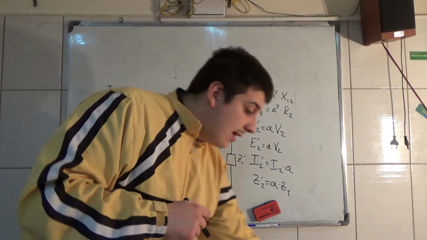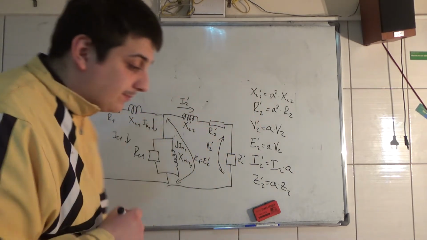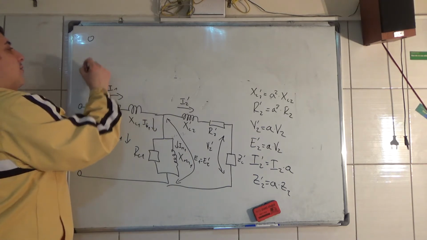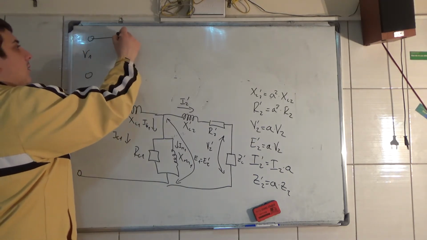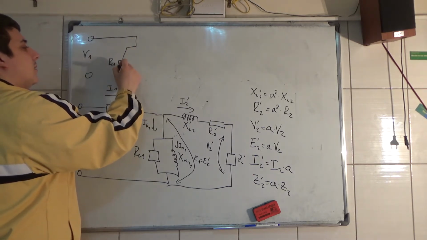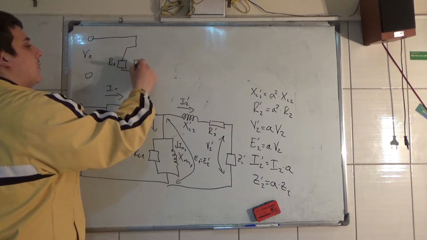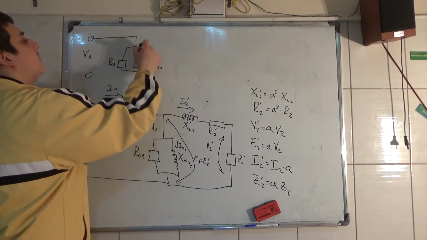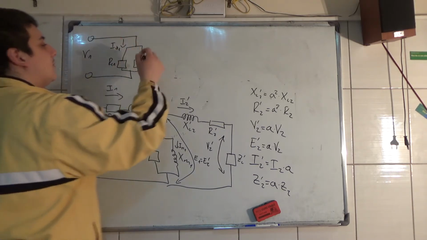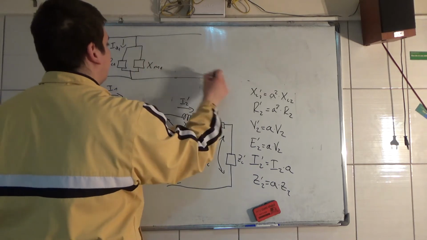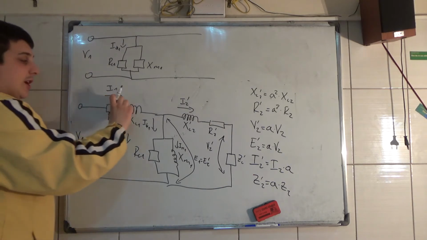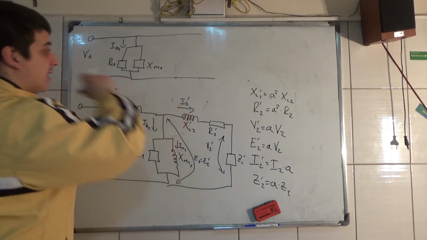Now we have an equivalent circuit like so. Now we have V1. If these are very small values, we can transfer this to this branch.